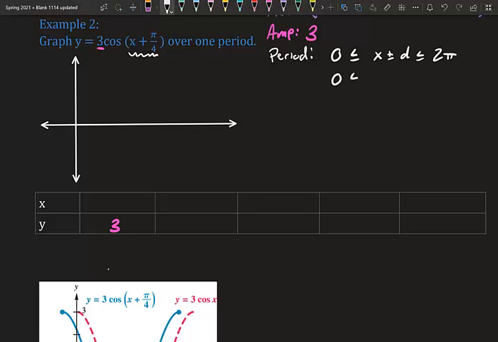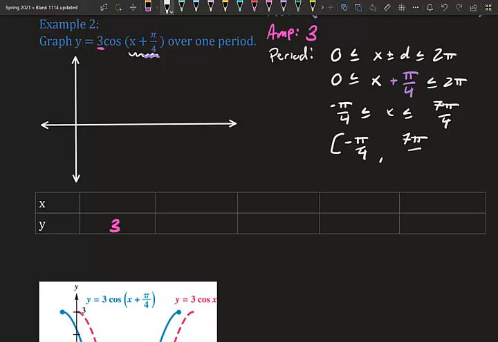So we have 0 is less than or equal to x plus pi over 4, less than or equal to 2 pi. We subtract pi over 4 from all sides, so we have negative pi over 4 is less than or equal to x, that's less than or equal to 7 pi over 4. So our period is negative pi over 4 to 7 pi over 4.